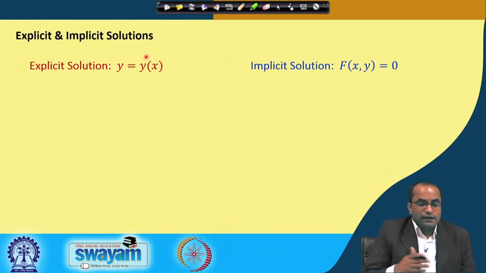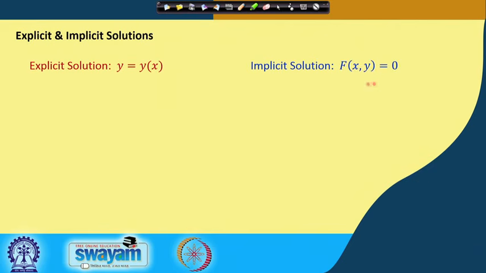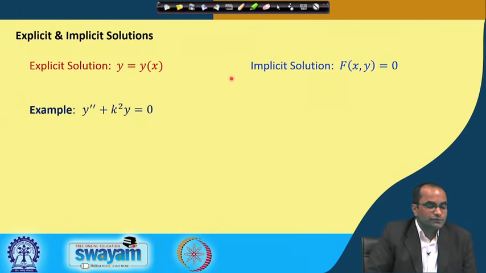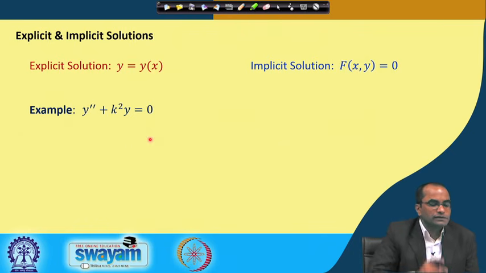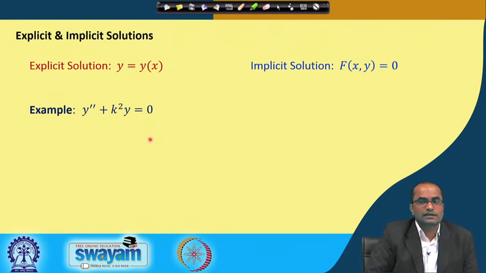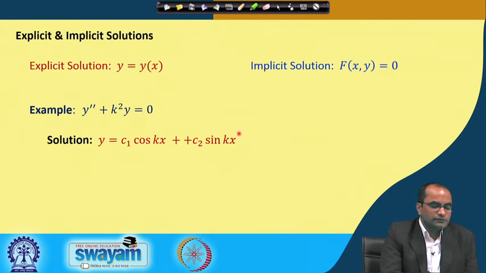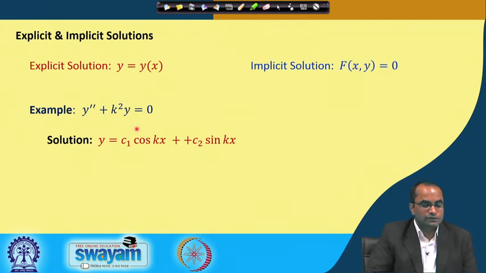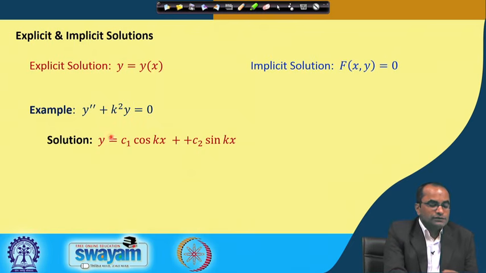x, and in case of the implicit solution, we get a relation of x and y, a relation here which satisfies the given differential equation, and therefore, this is called the implicit solution. So, for example, if we take this second order differential equation y double prime plus k square y is equal to 0, we can observe by substituting, in fact, at this point, because we are not going to discuss the solution techniques, this is indeed a solution, because it will satisfy the given differential equation.